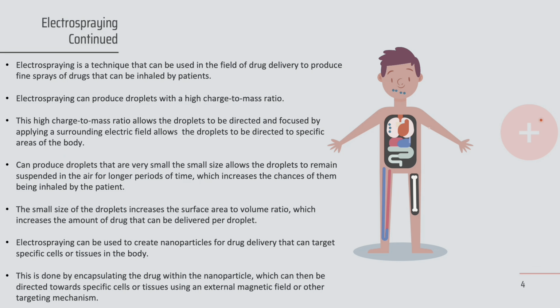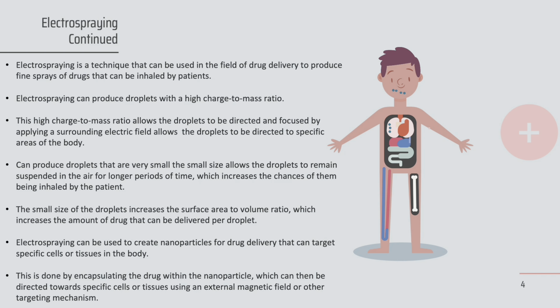For example, this positive charge is causing these blue particles to come down and then be pushed to the left side of the lung. If this was a negative charge, it would cause these particles to move to the right side of the lung. That is how charges on the outside can be used to direct particles created by electrospray to specific areas of the body.